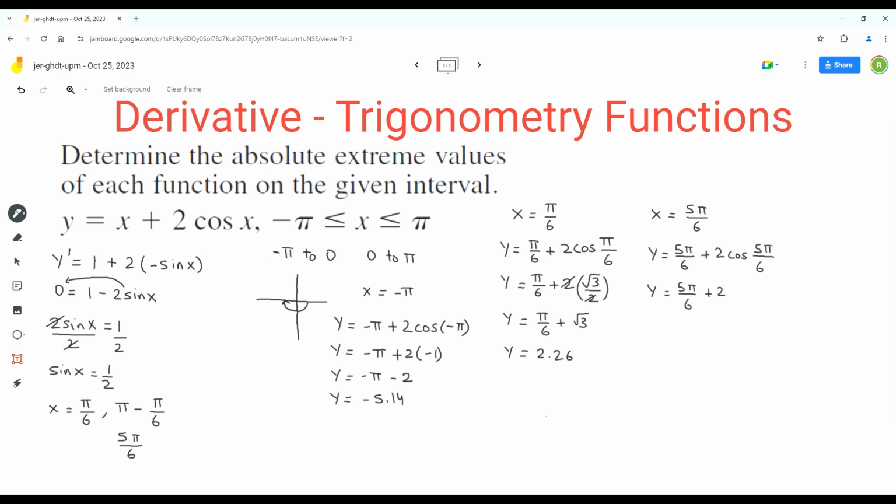So the related acute angle for 5 pi over 6 is pi over 6. So we can rewrite cos 5 pi over 6 as negative cos pi over 6.